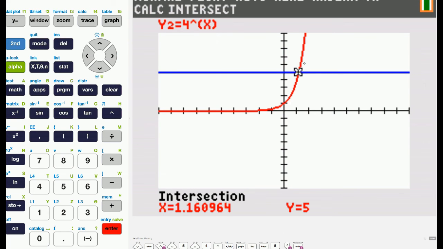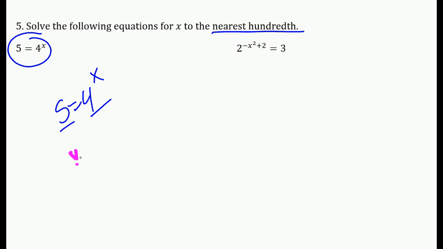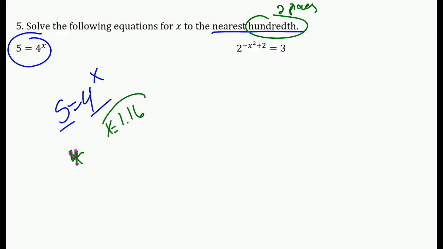So the value of x that solves that equation is about 1.16. About x equals 1.16, because I went to the nearest hundredth, which is 2 places. And looking at the third, I'm not going to round up, I'm going to leave it alone. So that's the approximate answer.